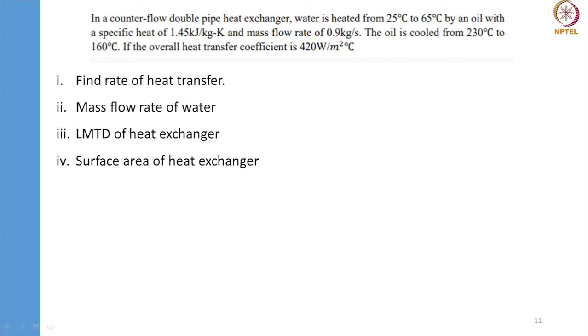I did the same thing again. It's coming 53.6. Can you check your delta T1?